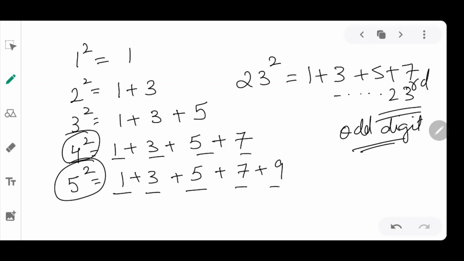Now, let's see one more method to find the square. For example, now we want to calculate the square of 11. We know 11 square is equal to 121. What about 111 square? See, how many digits are in 111? 3 digits. So 1, 2, 3, then repeat 2, 1.